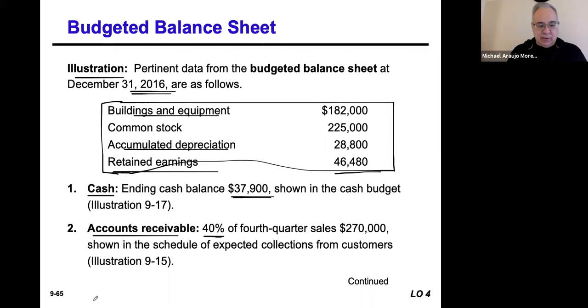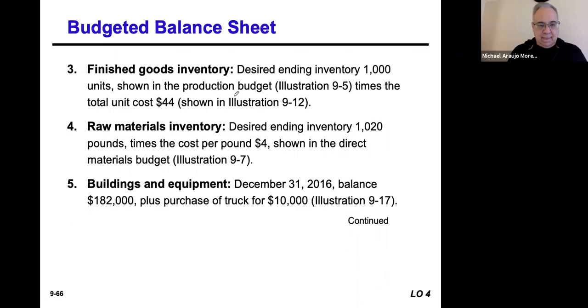That's why it's in accounts receivable. Finished goods inventory, as I mentioned earlier, you had desired ending inventory in your production budget of 1,000 units. And based on your costs, each of those is 44 bucks cost of goods sold. So 1,000 times 44 is the $44,000 of finished goods inventory.